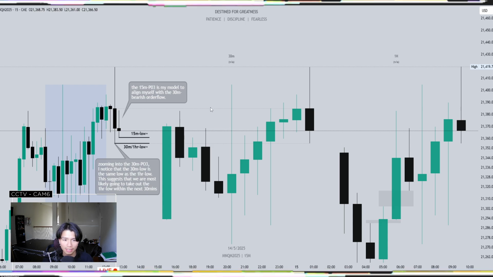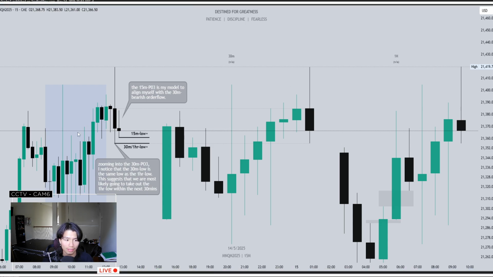It allows me to see different time frames on one main time frame. So these are my main candles here. All of these candles are 15-minute candles, but this indicator allows me to see what's happening on the 30-minute time frame and the hourly time frame.